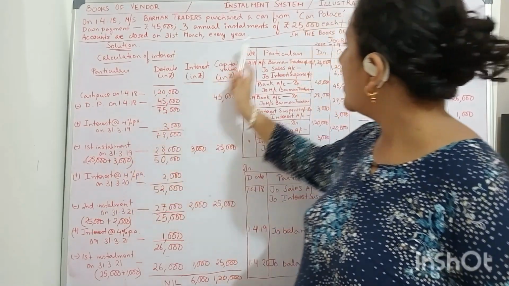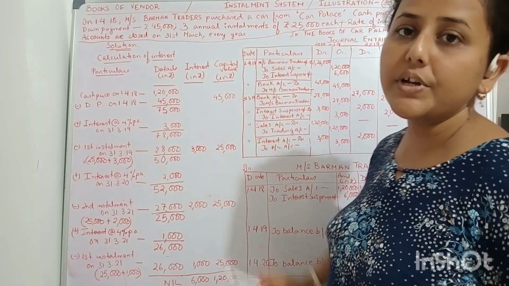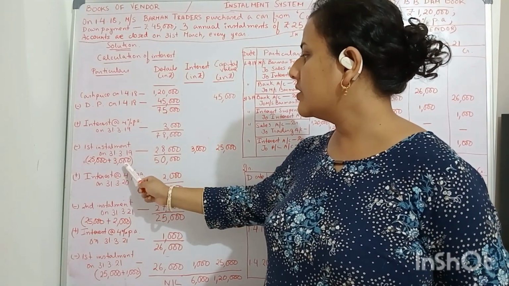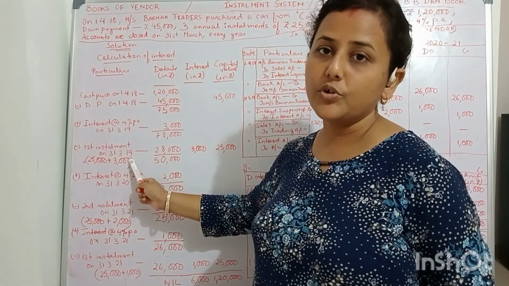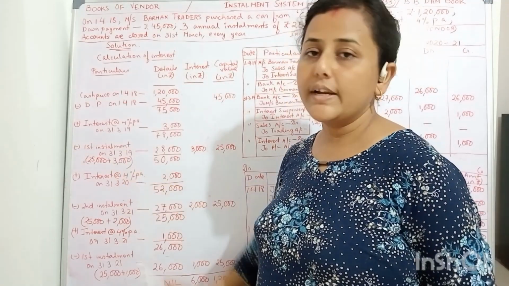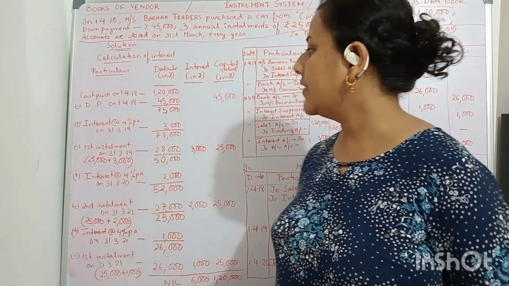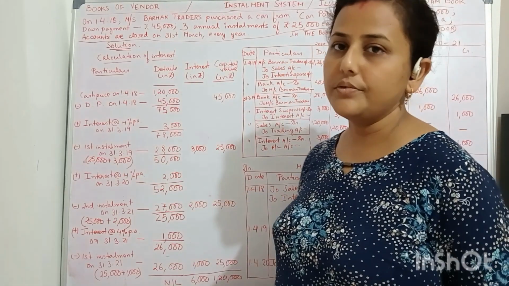So 25,000 is a portion of the cash price of the asset, plus 3,000 interest will be added up for the first year in order to get the installment value. So if you add up 3,000 with 25,000, you will get 28,000.